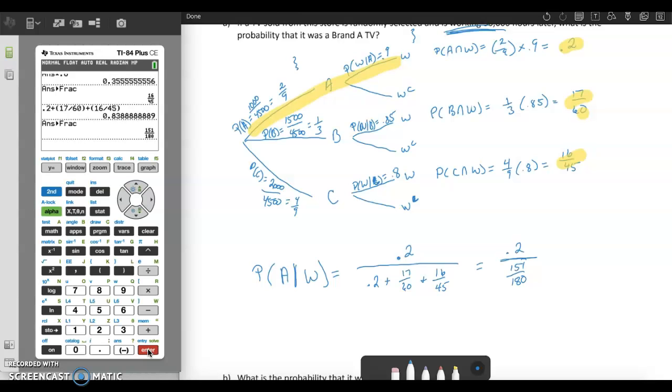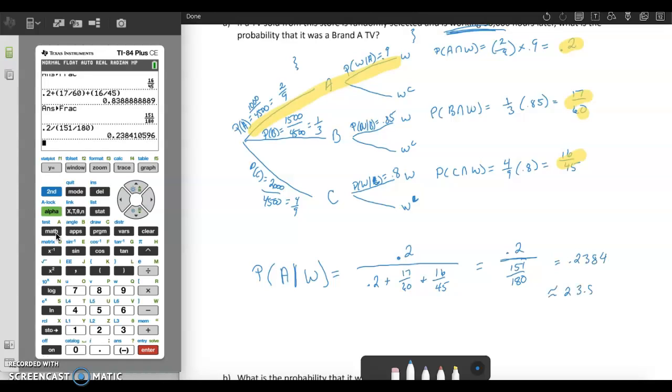Now I want to divide 0.2 by, and since I'm dividing by a fraction, I'll put it in parentheses, 151 over 180. And it looks like we get 0.2384, or about 23.8%.